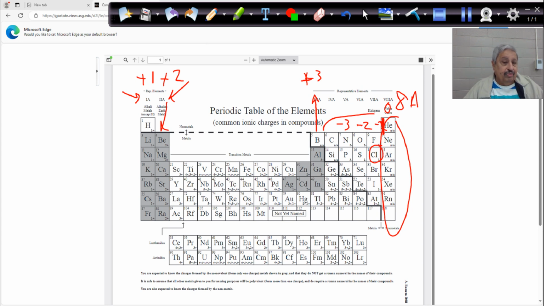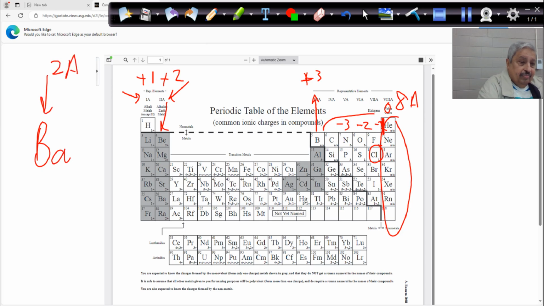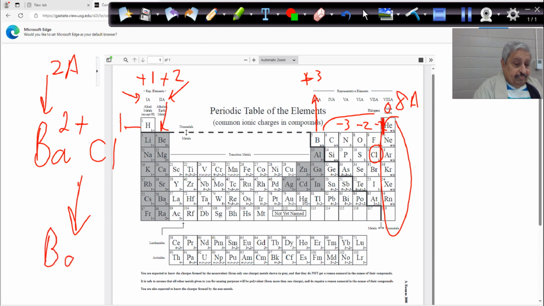So you swap those together. Barium is 2A, so it will have 2 positive charges. The chloride ion is in group number 7, minus 1. The 1 is understood, we don't write the 1, just the minus, like this, correct? Or you can write it if you want, but we don't write it. So when I make an ionic compound, I have to swap those. It will be barium, and the 2 will be given to the chloride underneath.